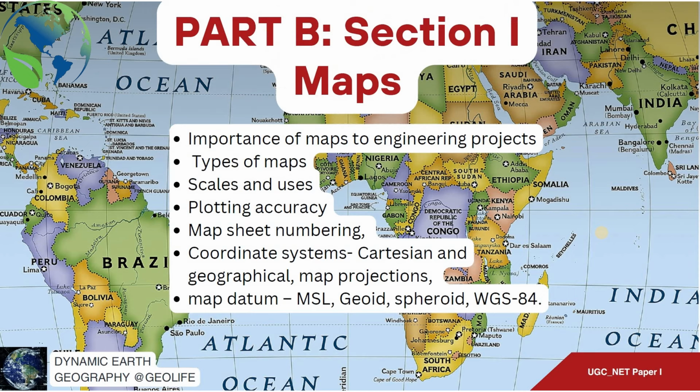And in part B, as discussed, we have two sections, and you can answer the questions from either section 1 or section 2. While looking into section 1, the first subtopic is maps.